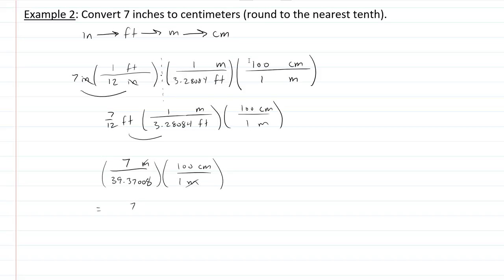And we end up with 700 over 39.37008 centimeters, which is actually 17.7 repeating centimeters. This rounds up to 17.8 centimeters when we round to the nearest tenth.